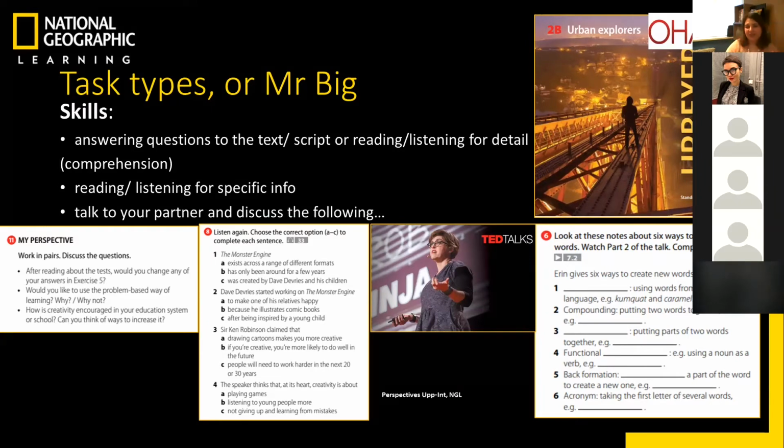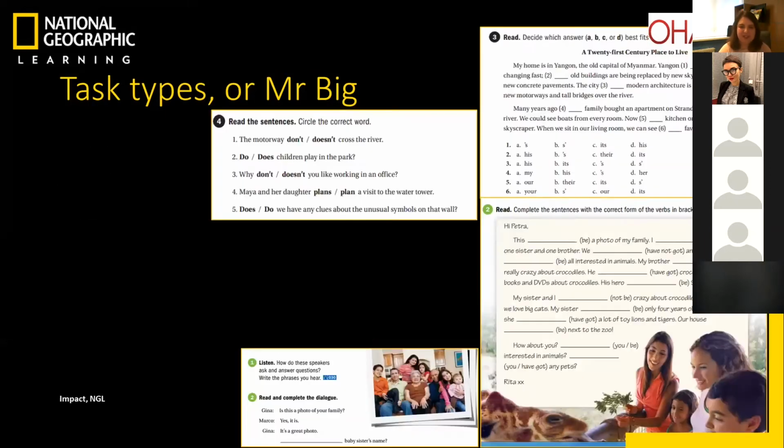So all these tasks are aiming at developing language skills. Okay, then as I mentioned, when we got to this slide, we have two big groups of tasks, and look at the next slide.